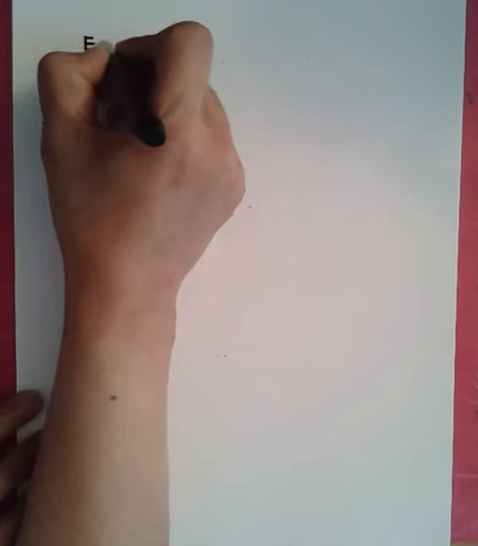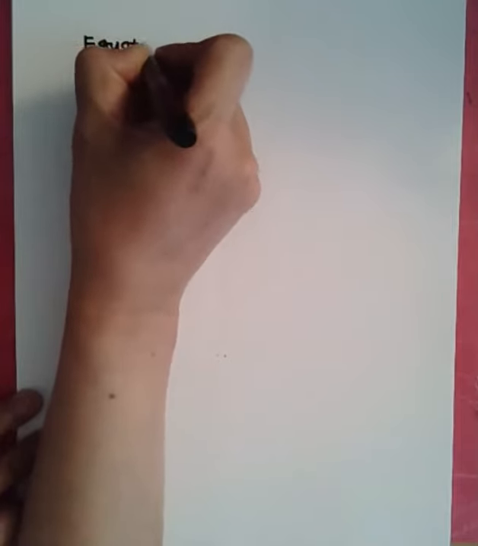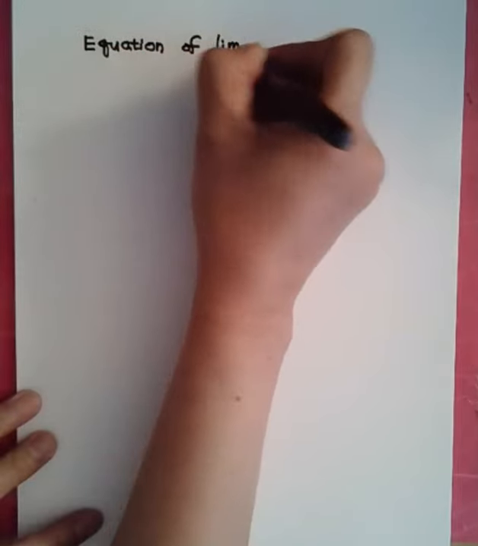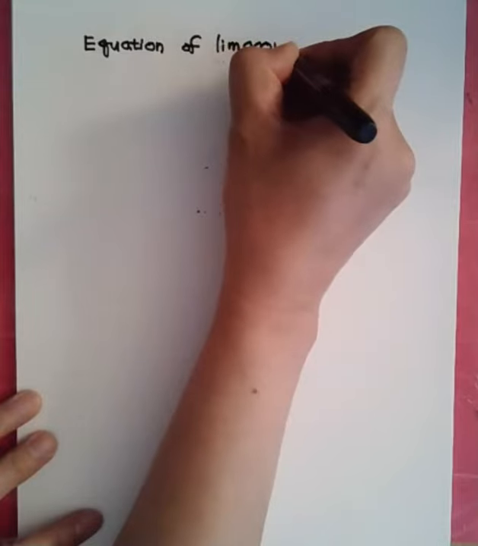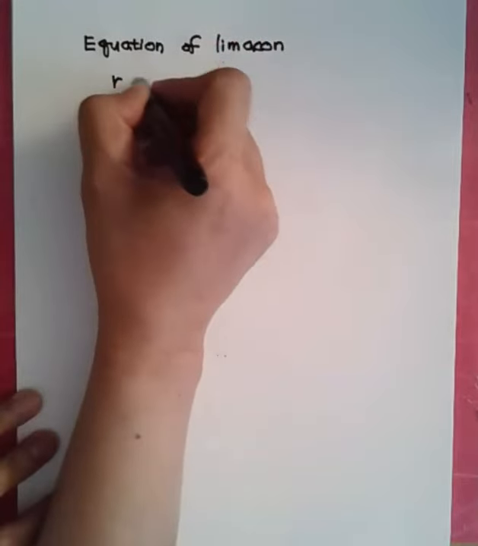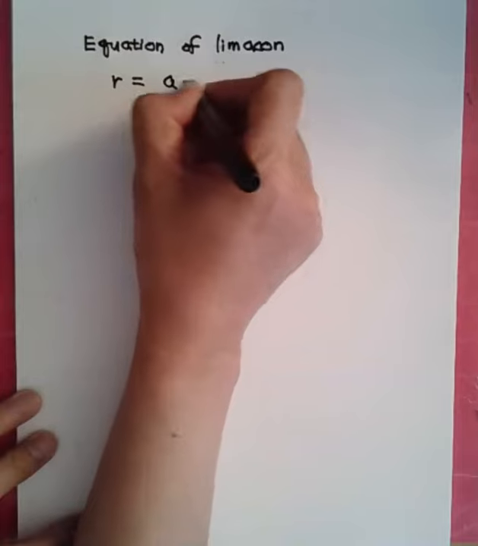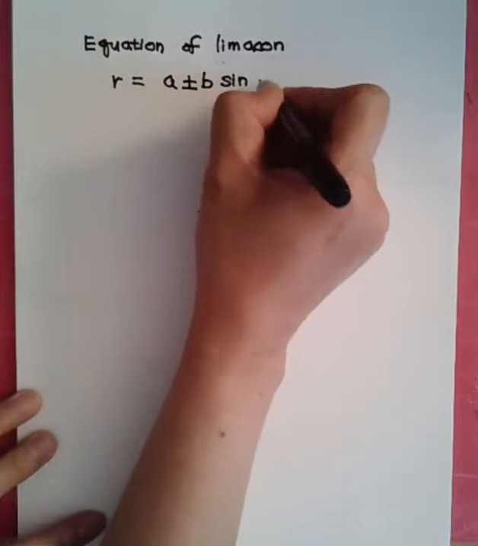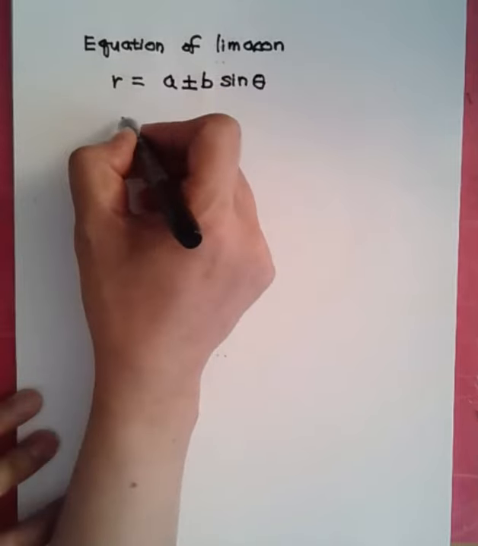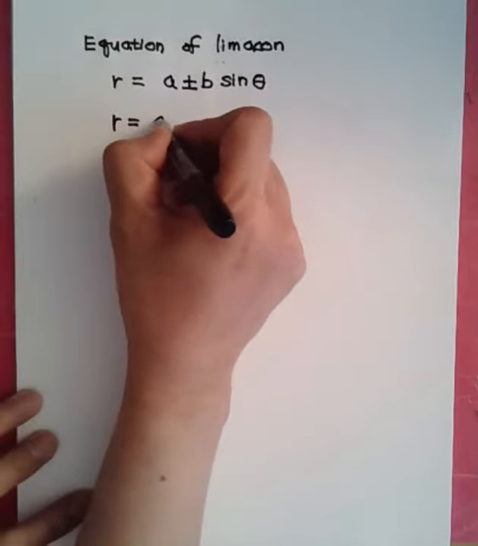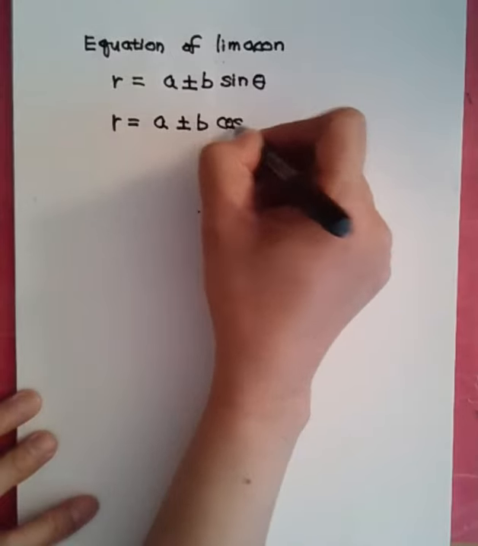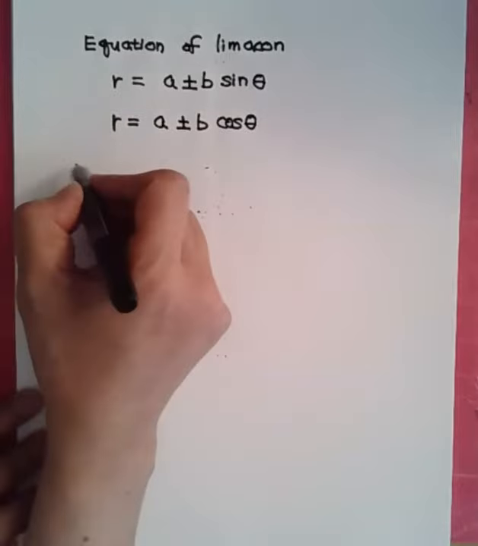The general equation of the Limacon will be r equals a plus or minus b sine of theta, or r equals a plus or minus b cosine of theta.